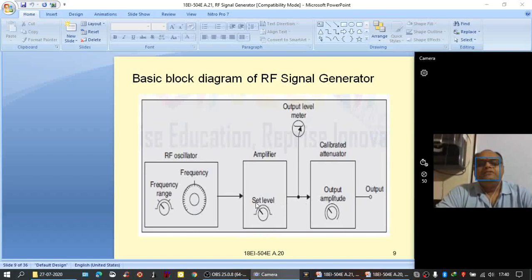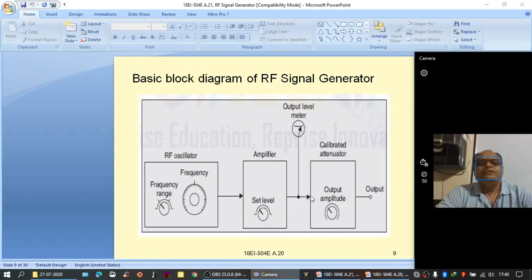So whatever signal we are providing here, the amplitude of that signal should match any one of the starting points of the ranges in the attenuator scale. For that we have to adjust the set level and observe that here on the output level meter.